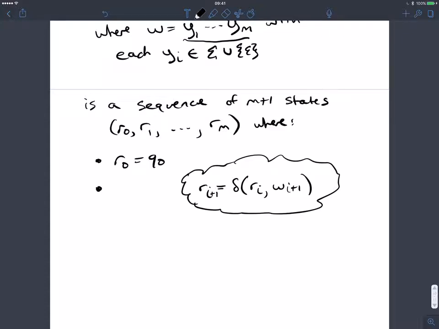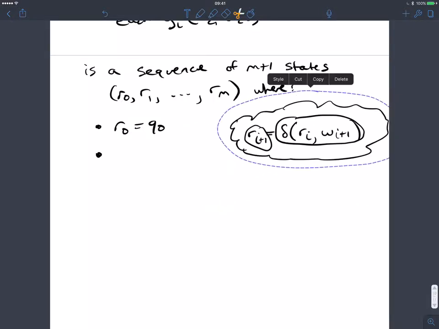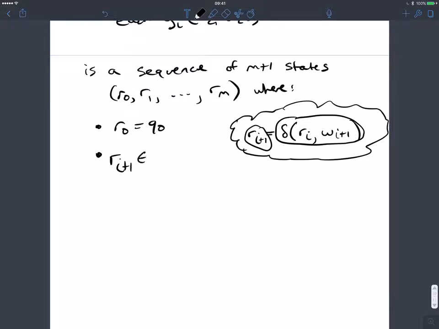Well, if this thing is a set, how do I know that Ri plus 1 can be achieved from there? It's in the set, right? So instead of being equal to a single state, it's going to be an element of the set of possible things that I could do. Okay? So I'm going to move this down over here. So I'm going to say here that instead of being equal, it's going to be in the set delta of Ri, Wi plus 1.